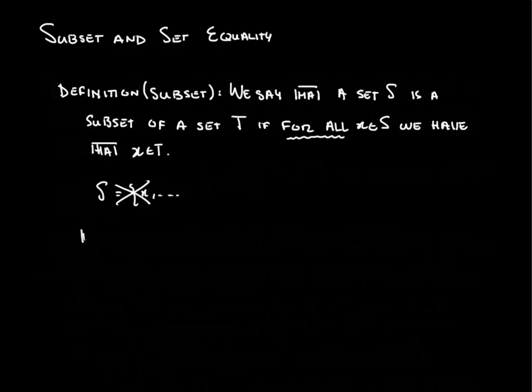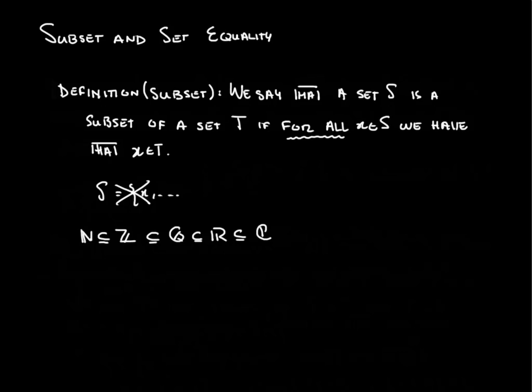So we're going to be using the notation here. It's kind of like a magnet symbol with a line underneath to say that the natural numbers, for instance, is a subset of the set of integers. And we can also say that the set of integers is a subset of the rational numbers. The rational numbers is a subset of the real numbers, and the real numbers is a subset of the complex numbers.